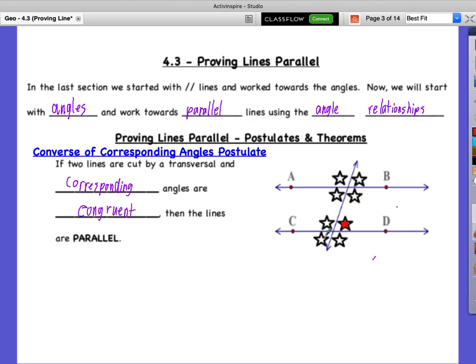No, it has to be vertical angles. Taylor, where would it be from here? C. This one? Very good. Corresponding angles are kind of in the same spot there, okay? I want you to highlight those two stars. I want you to highlight any two corresponding angles there. We don't care what corresponding angles you do.